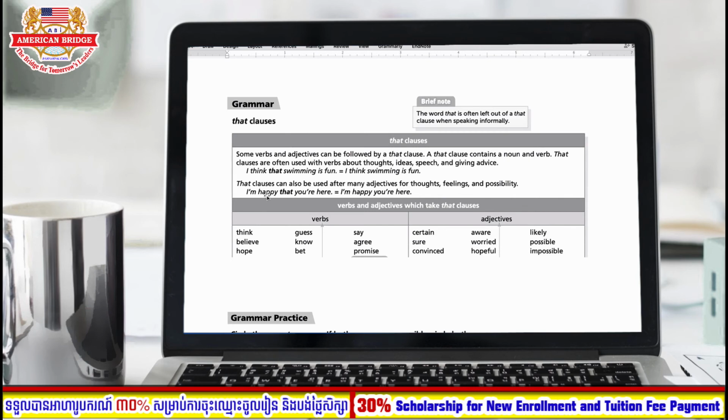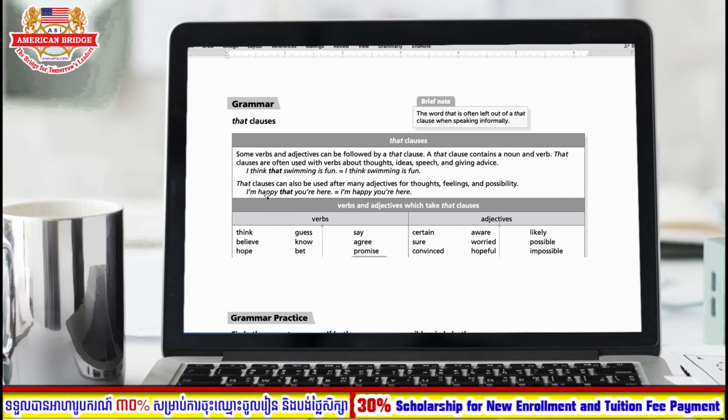So remember, that clause can be used to express our thought, idea, speech, and to give advice. But it depends on the verb or the adjective that follows the that clause. Okay? So the words think, believe, hope, guess, know, and bet, those verbs express their thought, their idea. Or the adjectives certain, sure, convinced, they can express their advice or their suggestions.